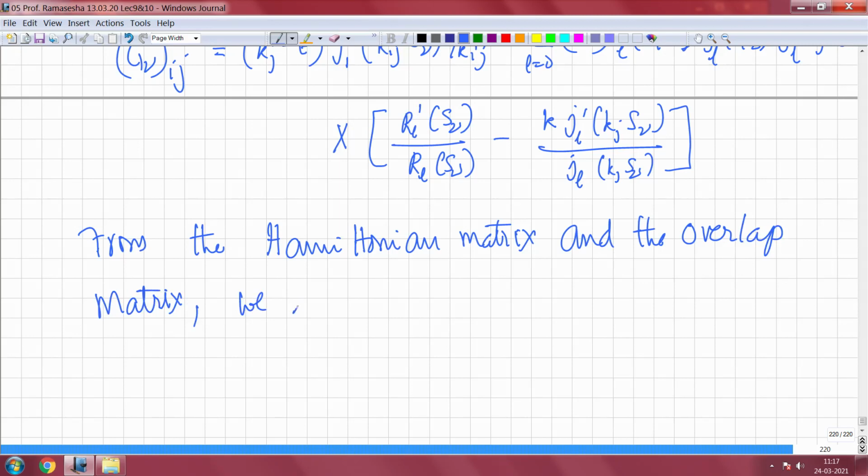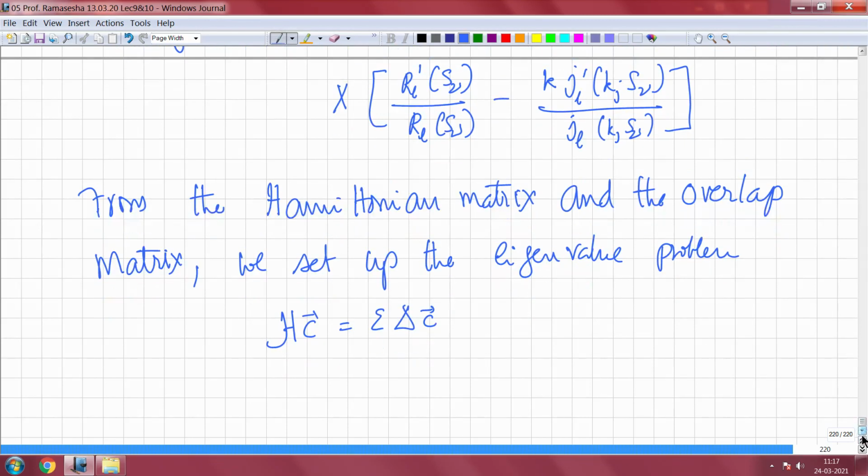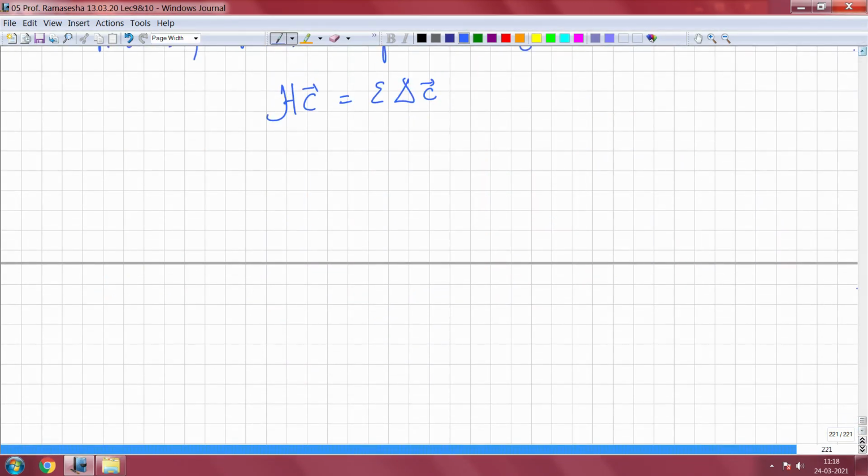We set up the generalized eigenvalue problem H times C is equal to E S times C, where S is the overlap integral, which we have used in our case as delta, and we can obtain the energies. So this is the crux of the APW method, but in the present day what people are doing is what are called the linearized augmented plane wave methods.